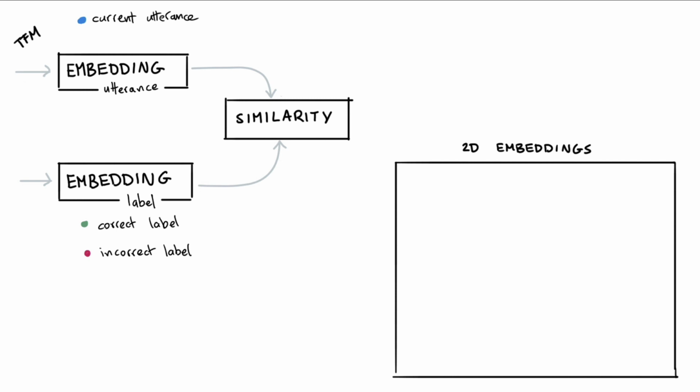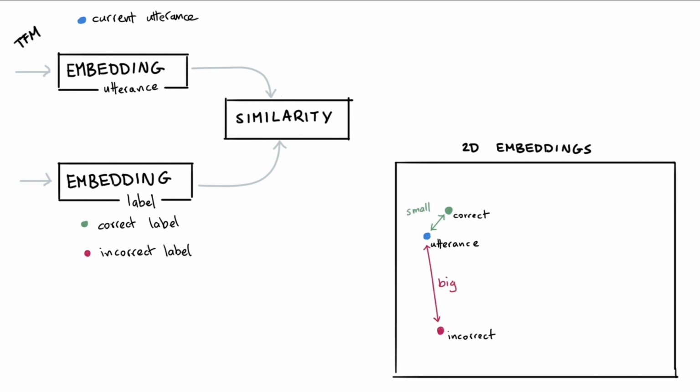Well, what I hope you would agree is that if there is an embedding over here for the correct label, then you would hope that the embedding for the current utterance is close to it. You would really like this distance to be small. You would also hope, though, that the distance from the current utterance to an incorrect embedding, that is big.